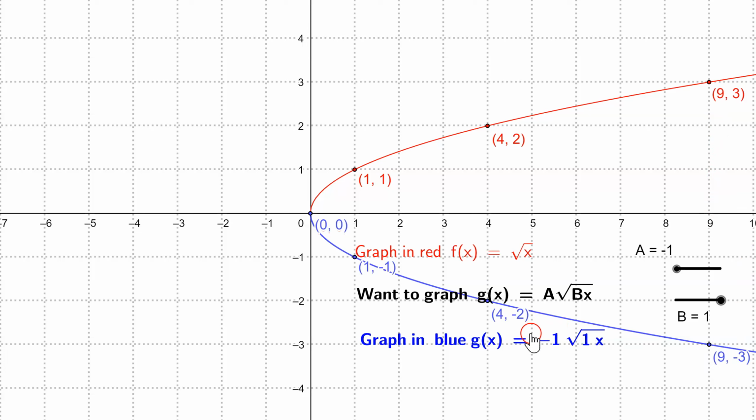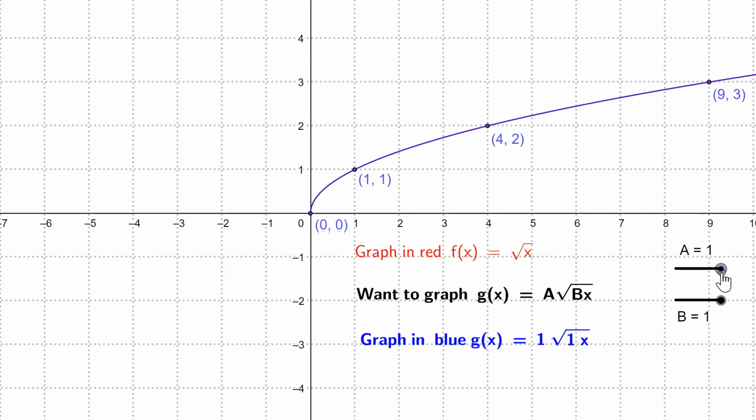So multiplying by a -1 outside the function is a vertical effect. It vertically reflects the graph across the x-axis. So that's what multiplying by a -1 outside the function does. It's a vertical reflection in the x-axis.